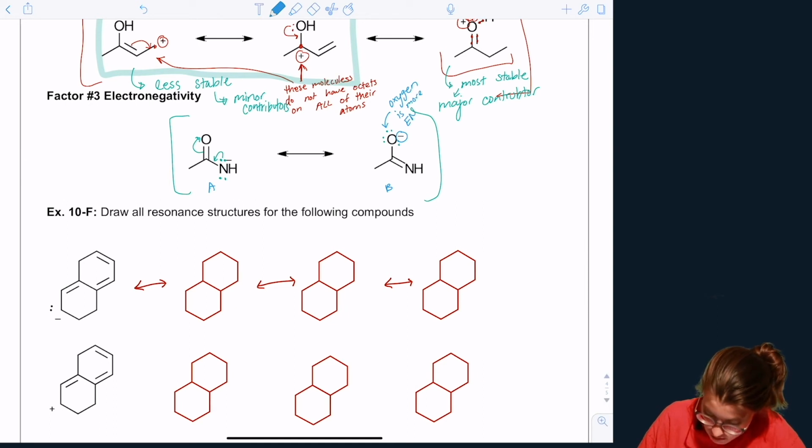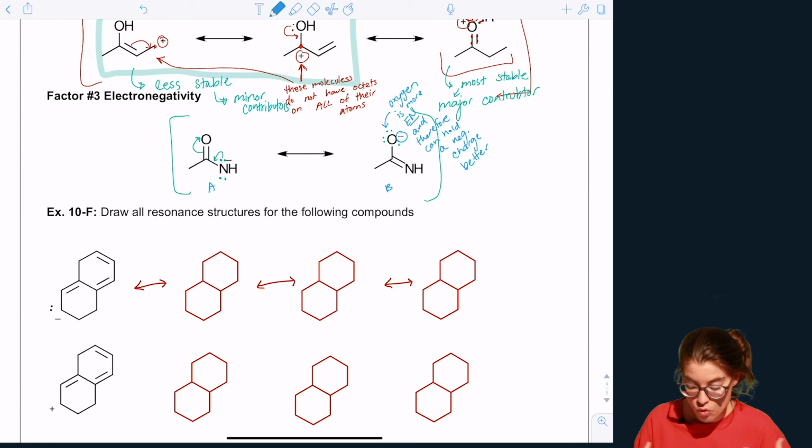So oxygen is more electronegative and therefore can hold a negative charge better.